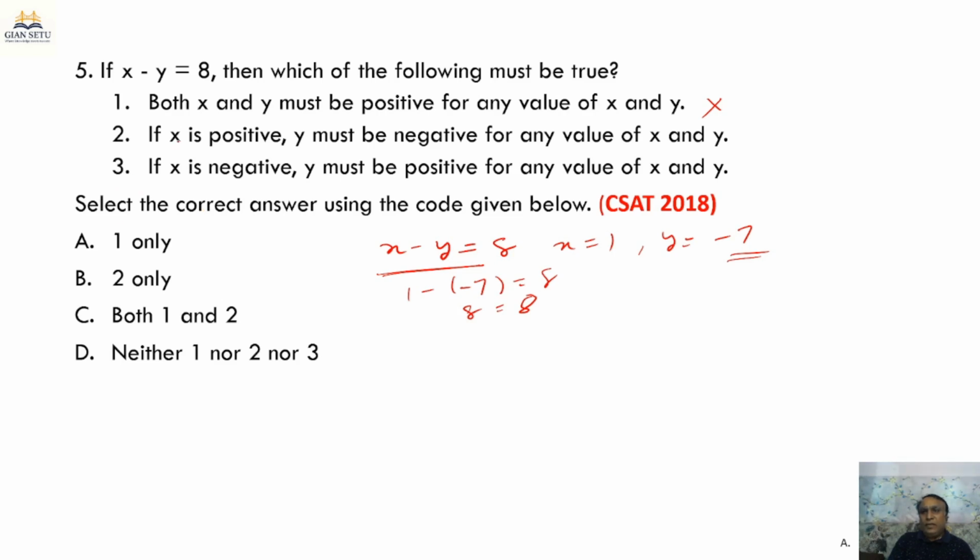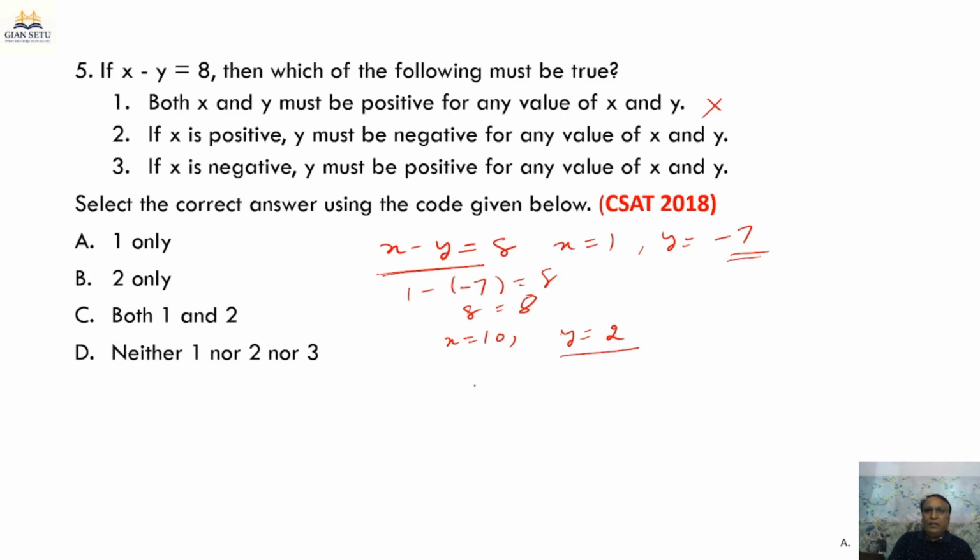Now let's look at the second statement. If x is positive, y must be negative for any value of x and y. Let's suppose the value of x is equal to 10 and y is equal to 2 here. As per the statement x is positive and y must be negative, but we are taking y as positive here.